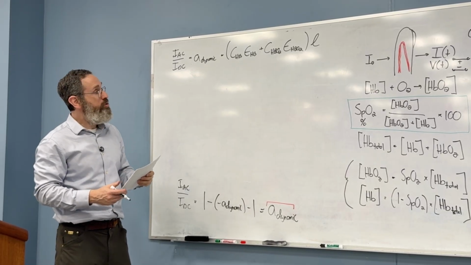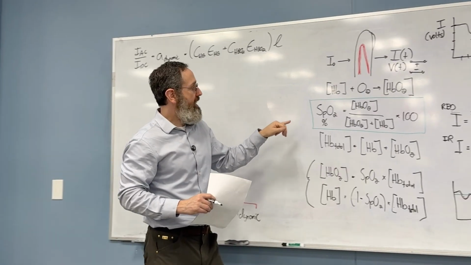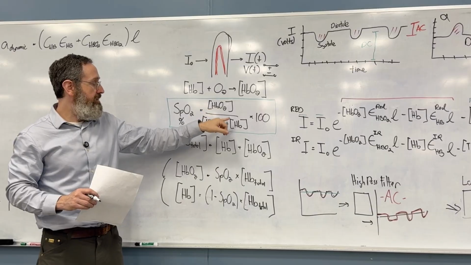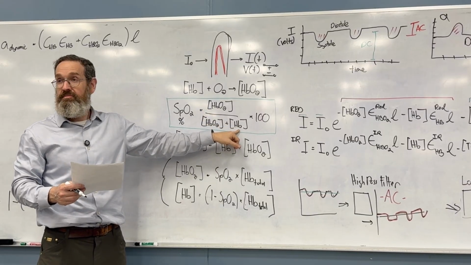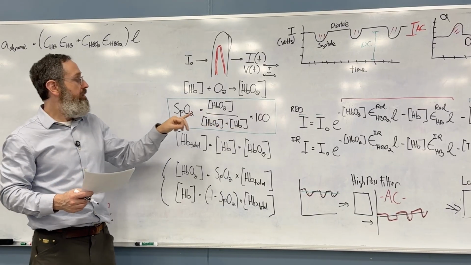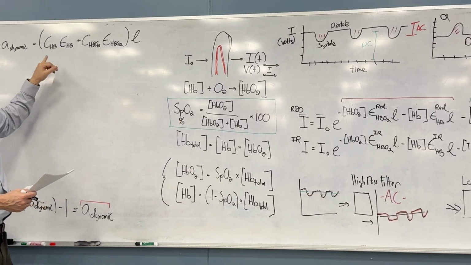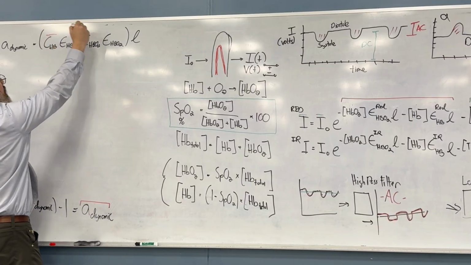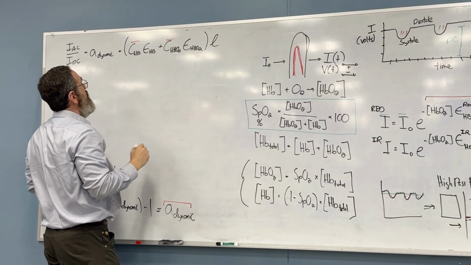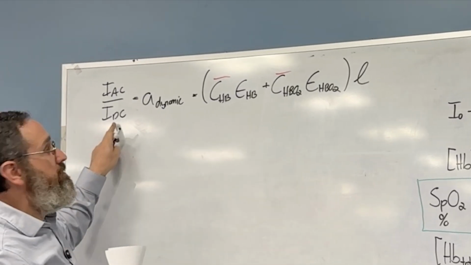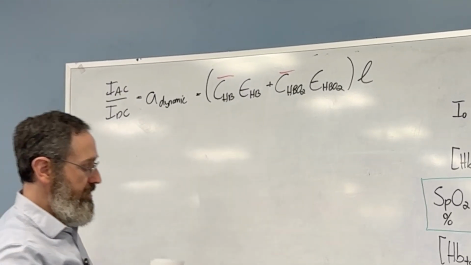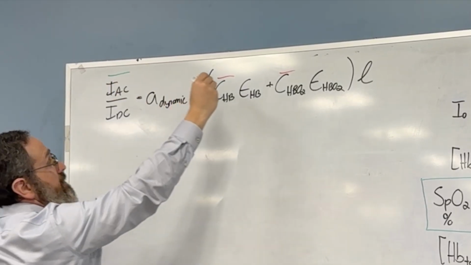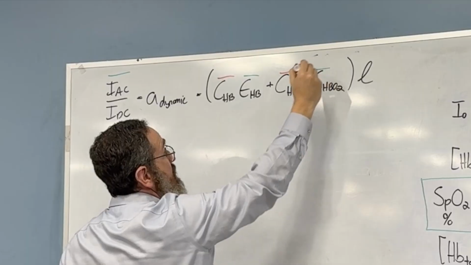And of course, what do you want? You want SpO2. For SpO2, you need this and this, right? We want this, and we want this. This is a number. So what do we know? We know this, we know this, we know this.